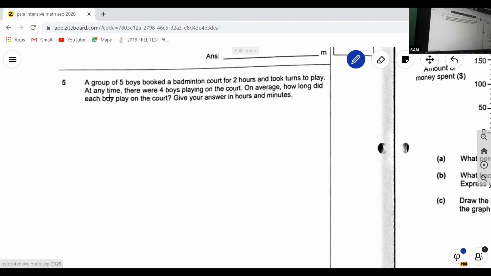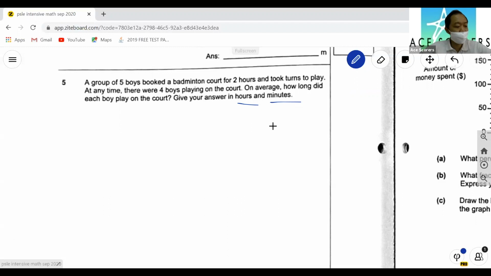Okay, do you know how to do this, Clinton and Sam? Is that 1.6 hours? Yeah, but you want hours and minutes. Then it's 2 hours and 40 minutes? No, wait.